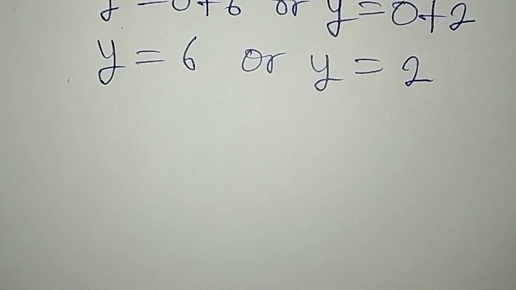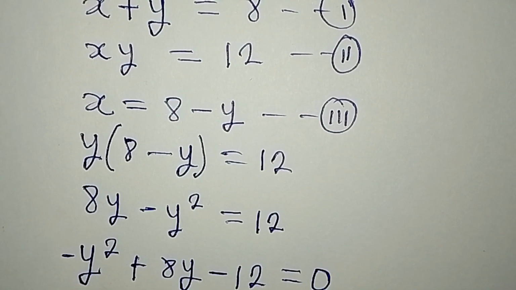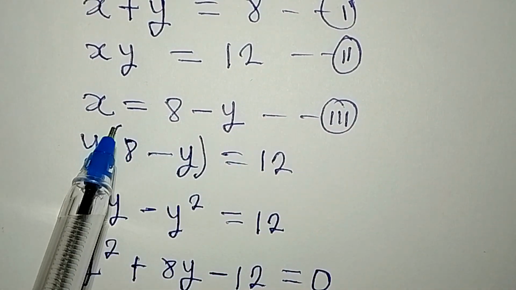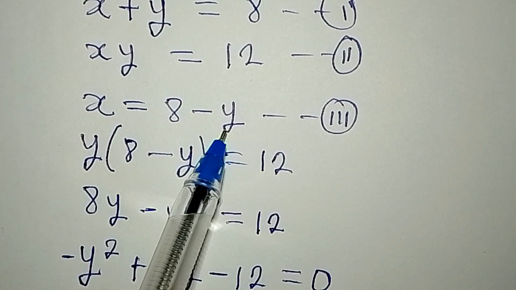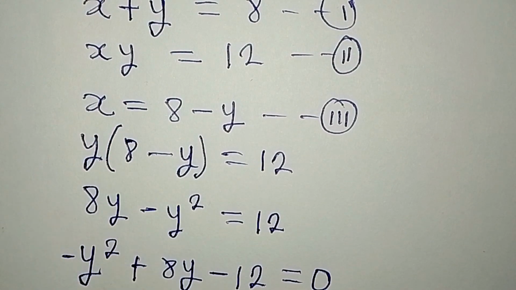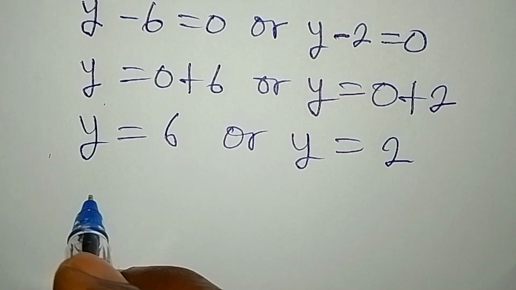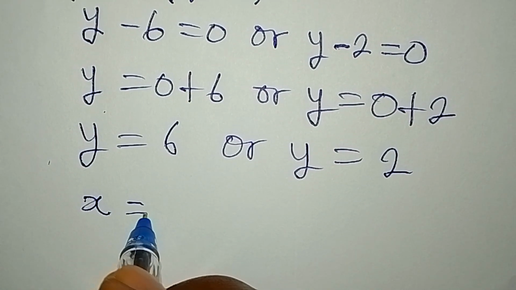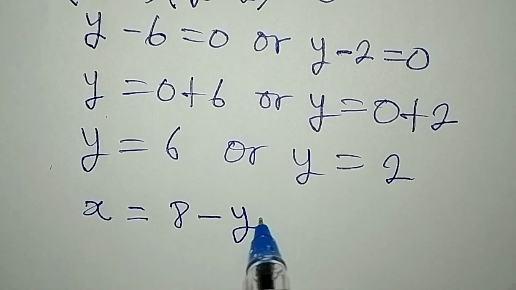But I told you that we'll be needing our equation 3. Look at it over there. We have x equals 8 minus y. So now that we have the value of y, we can put it in and get the value of x. So let's write down our equation 3, and it is x equals 8 minus y.